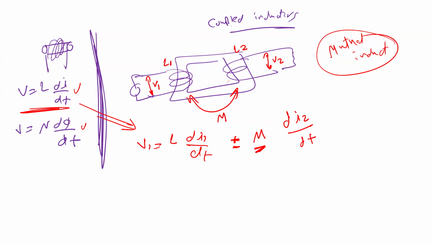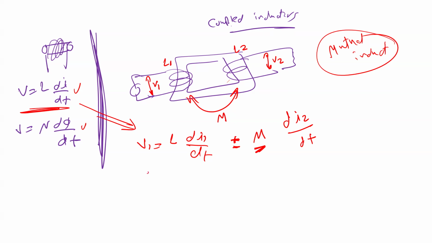And then I'm going to add a new term here. This term is actually the impact of the second one on this one. And this impact can be positive or negative, because this one also is going to make a magnetic field. And for this impact, I'm going to use M instead of L. So here M is actually the mutual inductance between the two. Okay? The impact of this one on this one, or the impact of one inductor on the other. Okay?